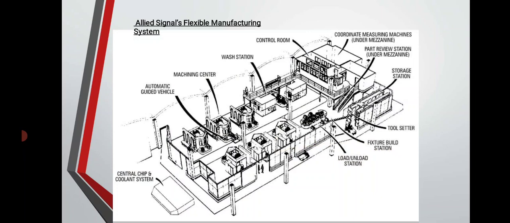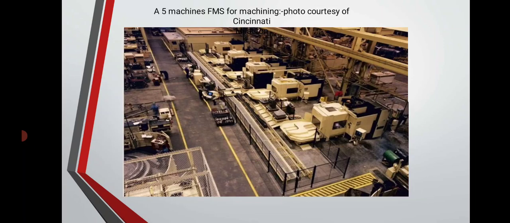You can see the entire flexible manufacturing unit. So automatic guided vehicles, machining center, washing center, control room. All the industry workplaces are shown in this image. This is the 5 machine FMS for machining. This is an industry example.